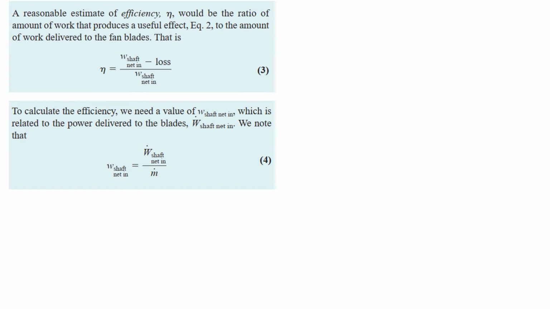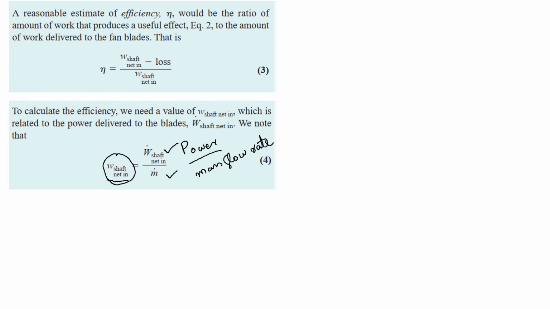So this is what the shaft work is equal to, that is the rate of doing work per unit mass. This is power per unit mass flow rate. So power per unit mass flow rate gives us our work.